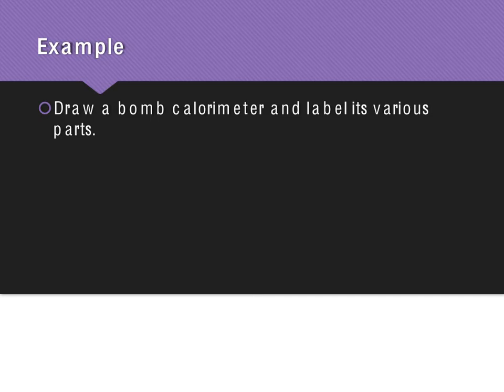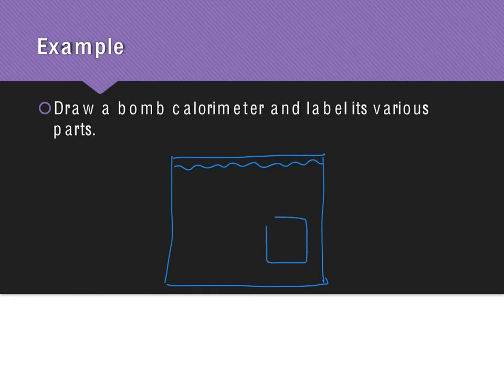So, a bomb calorimeter, you've got a giant, typically metal canister. That canister is typically filled with water. Inside that canister, you have a smaller, cute little canister. Inside that canister, you place your solution.